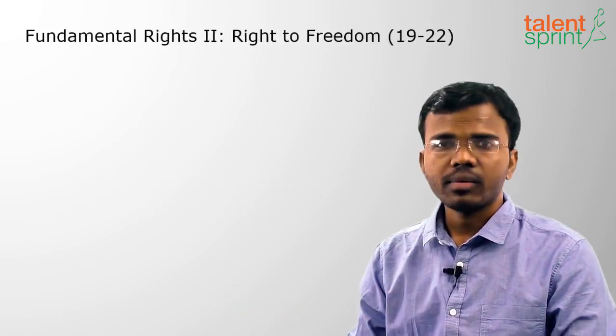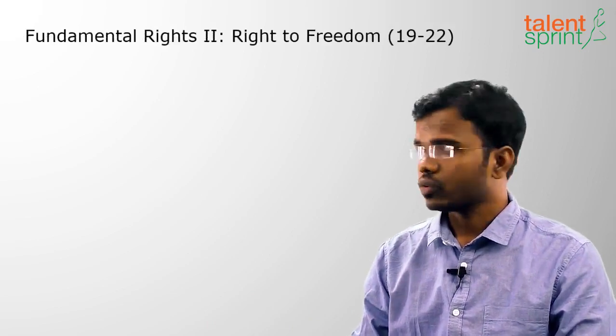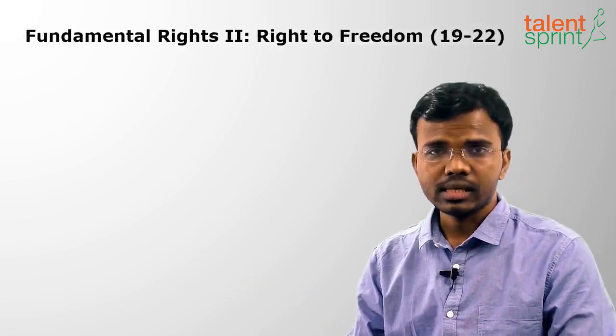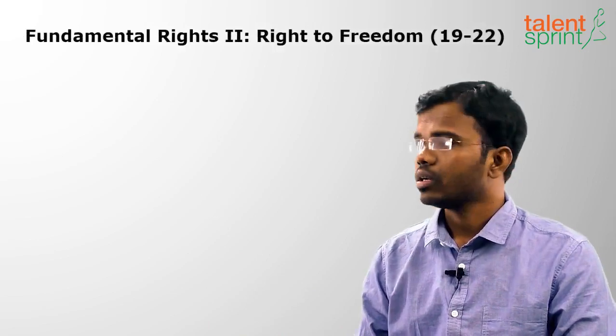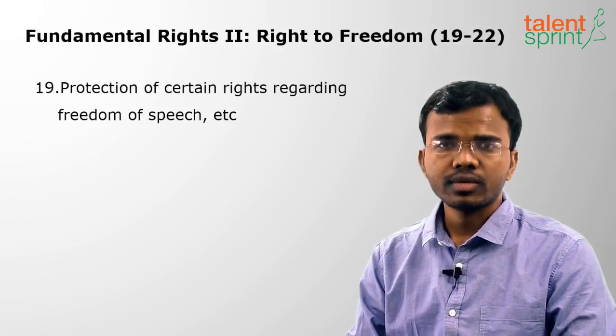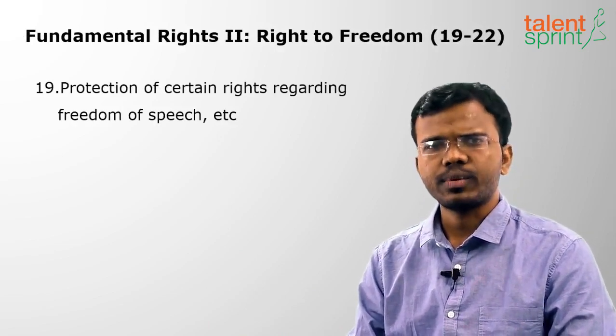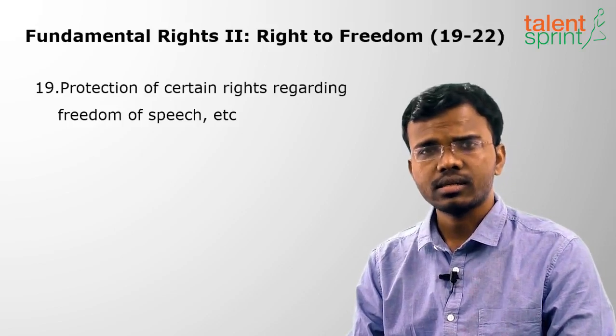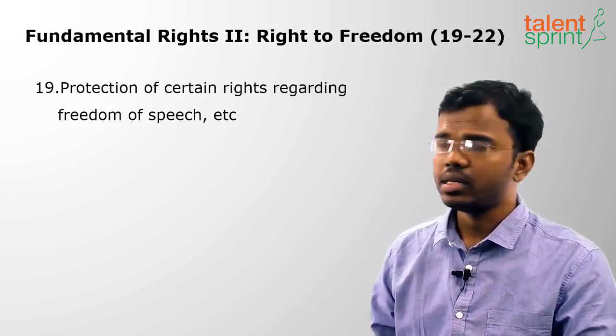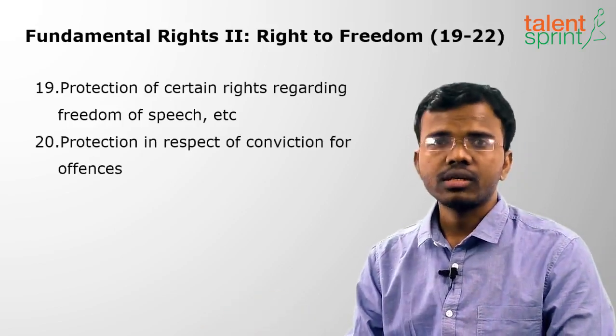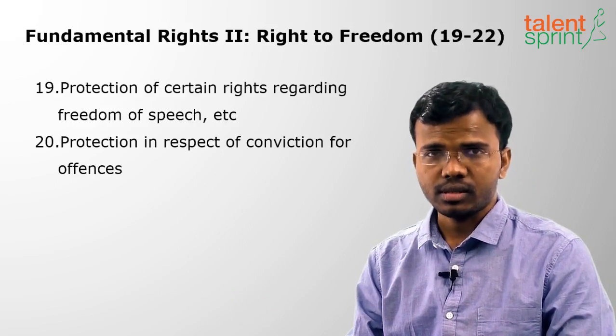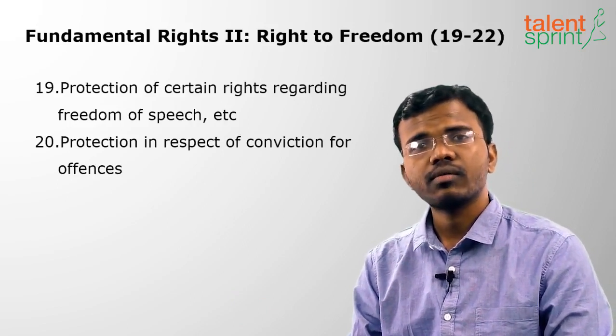Moving on to the next fundamental right, that is right to freedom, Articles 19 to 22. Article 19 is protection of certain rights like freedom of speech, expression, etc. There are 6 rights in it. We'll see them in detail. Article 20 is protection in respect of conviction for offences. Offence means whenever we violate law.